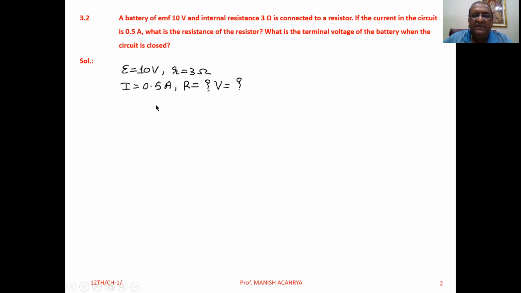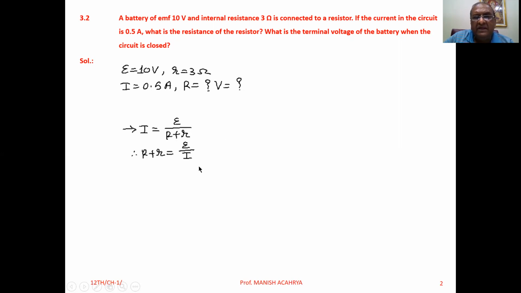Now see, EMF of the battery is 10 volt, and its internal resistance is given to you, 3 ohm. Current I in the circuit is 0.5 ampere. And now we have to calculate the resistor connected in the circuit and the terminal voltage of the battery.